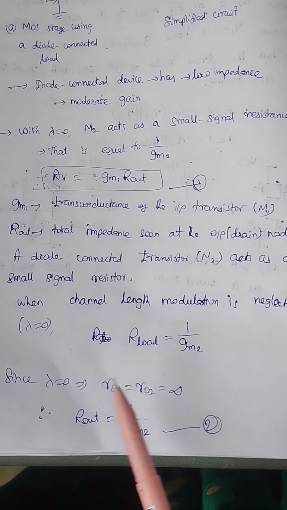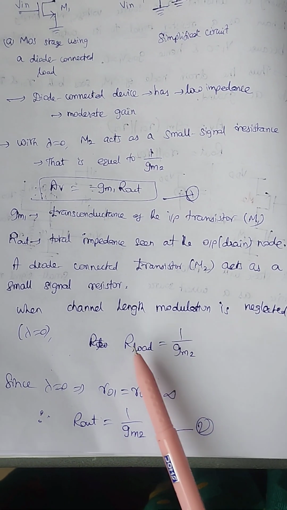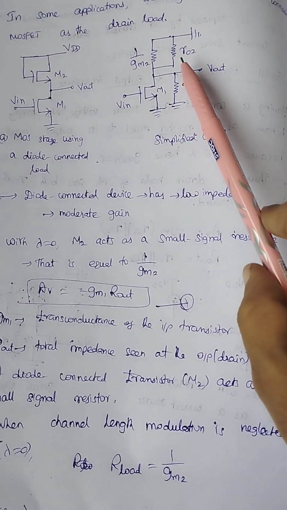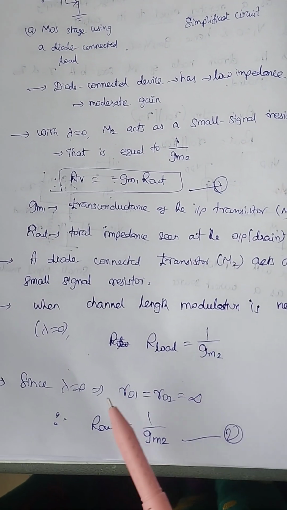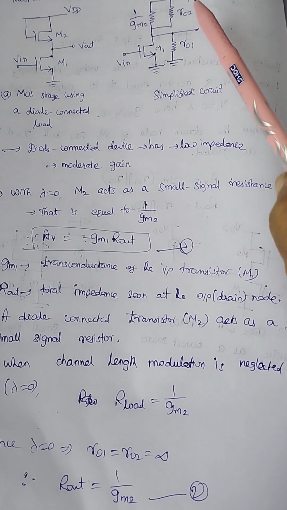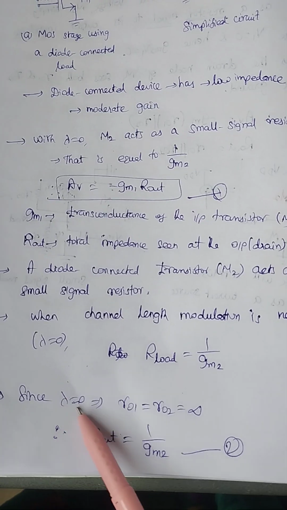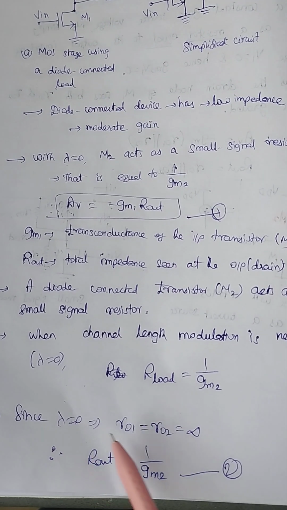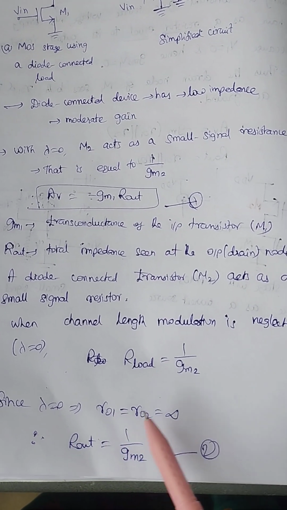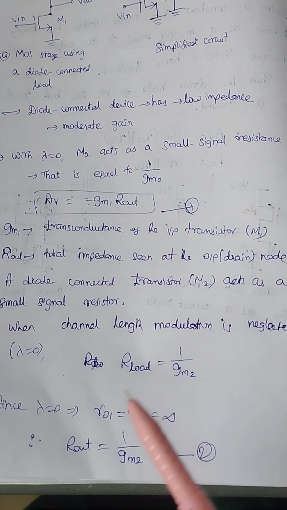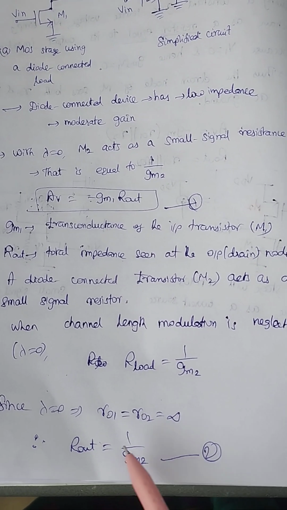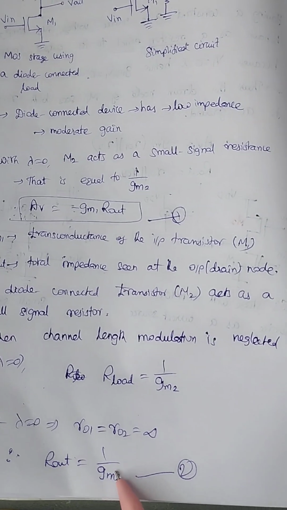Your output resistance, that is the load resistance, is equal to 1 by gm2, and we can neglect RO1 and RO2 since lambda equals 0. Both of these become infinite, so we can remove them. So your Rout is equivalent to 1 by gm2.